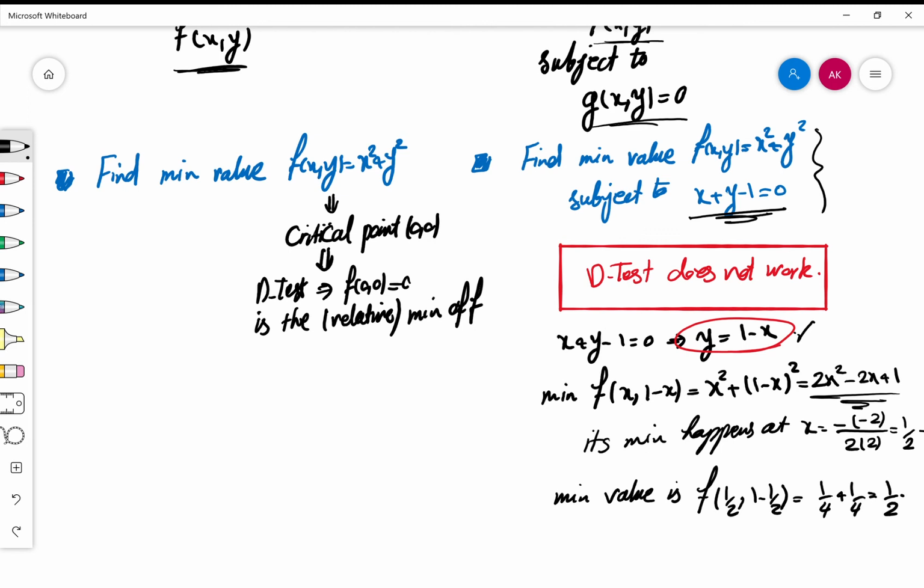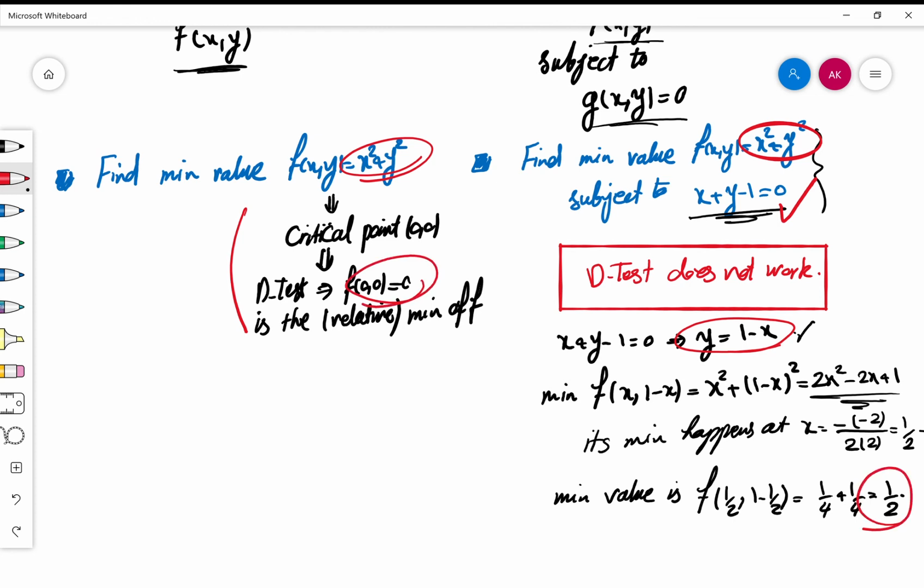So you see, we were trying to minimize the same function, one without constraint, one with constraint, and their minimums are completely different.